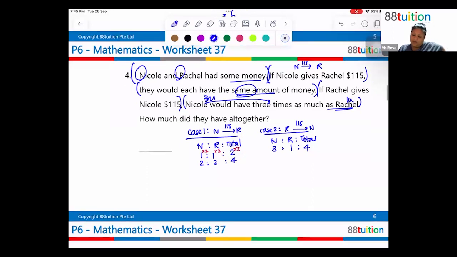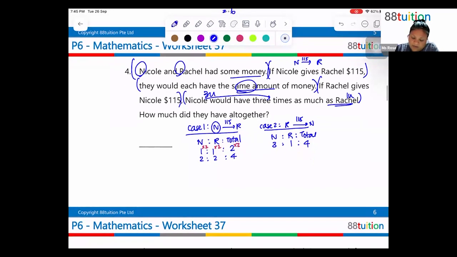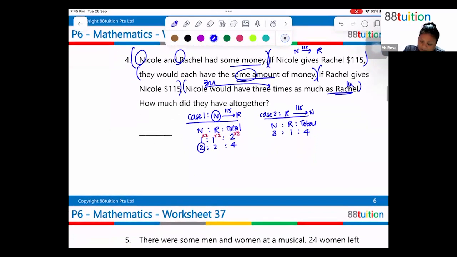Can you see here that when Nicole gave to Rachel, Nicole would have 2 units? But I must add the 115. That means this is Nicole's actual.